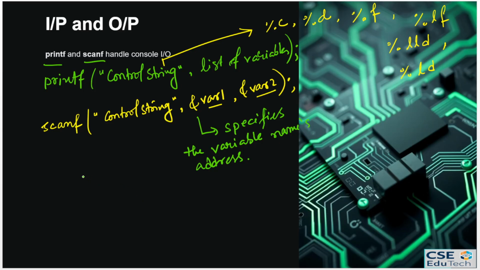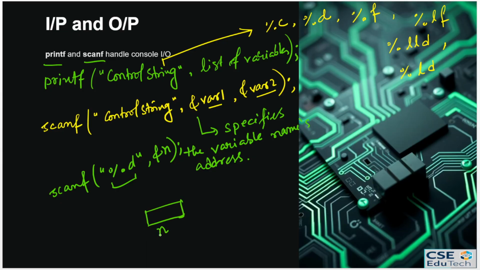Okay, for example, if we write scanf, percentage d, and ampersand n, this percentage d gives the information that we are receiving an integer number, and ampersand n means there is a variable of name n.